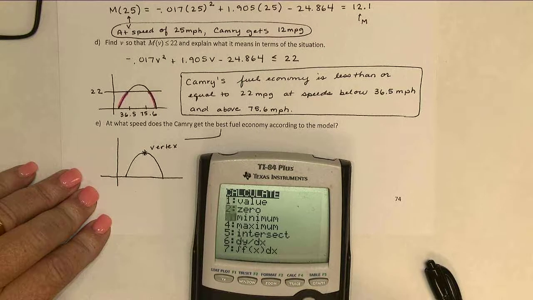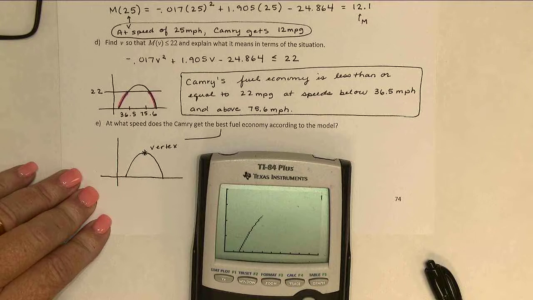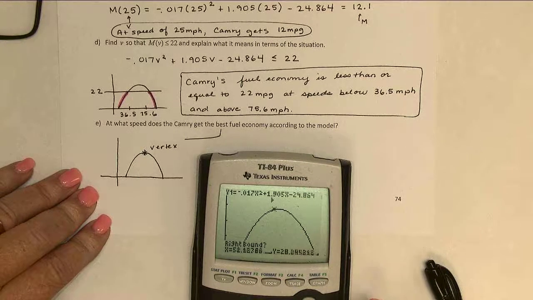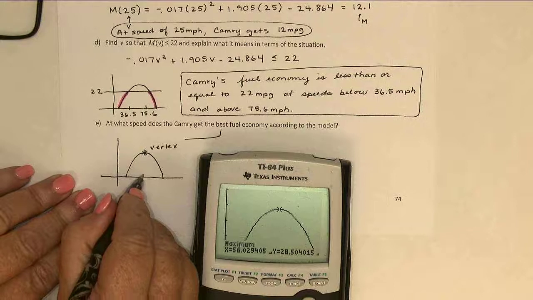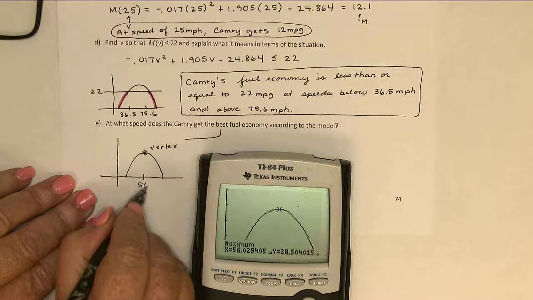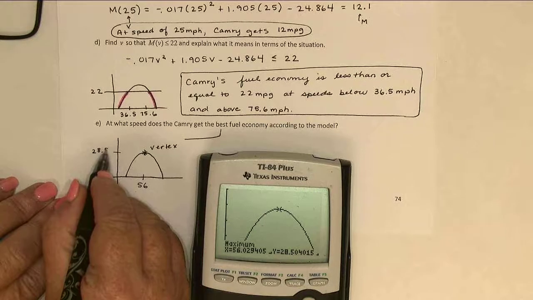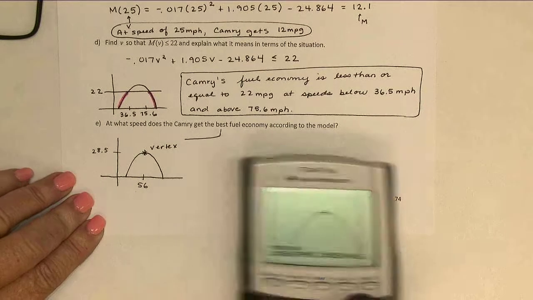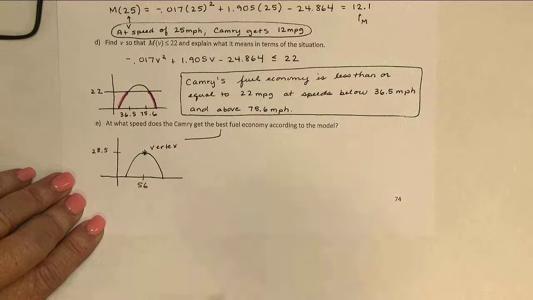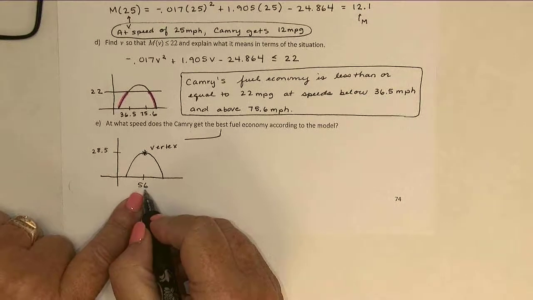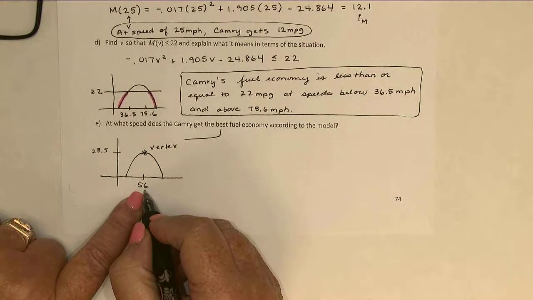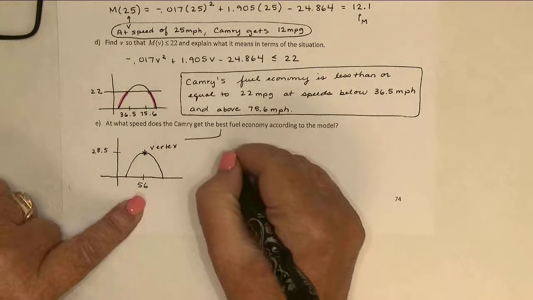And then I'll calculate the maximum. It looks like the x value here is about 56 if I round to the nearest whole number. Y value is about 28.5. So the best fuel economy, according to our model, would be at 56 miles per hour, where we're getting 28.5 miles per gallon.